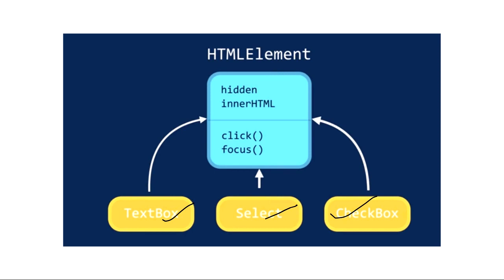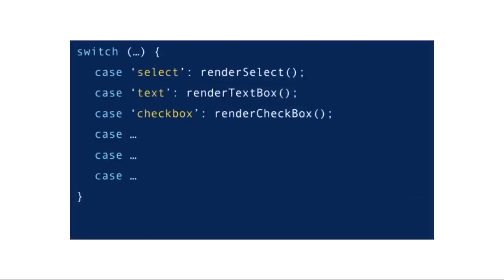You would have written a switch case, simply put. Case 1, for select, you would have written everything. Case 2, for text, you would have written everything. Case 3, for checkbox, you would have written everything. And if you don't want to make a switch case, you simply make three different functions. Getting it?